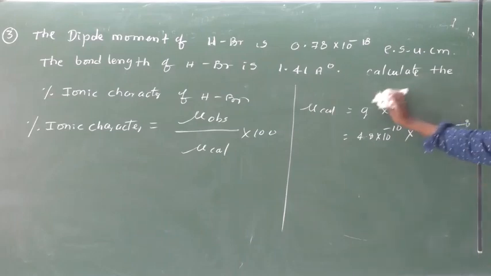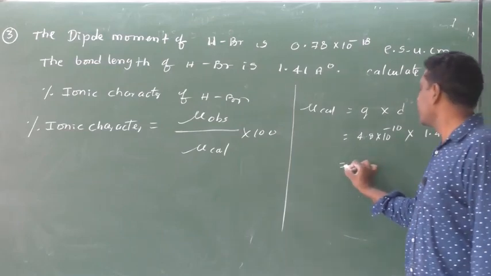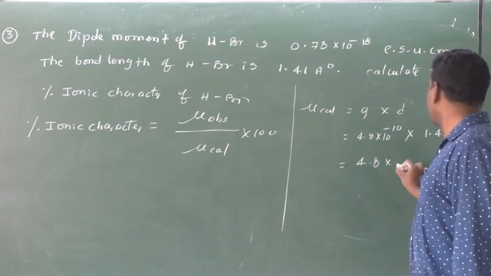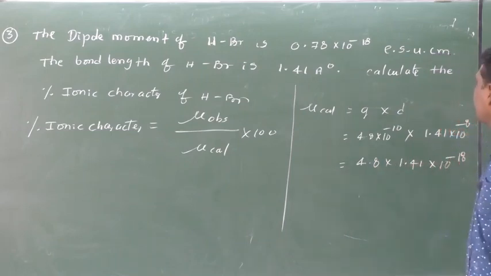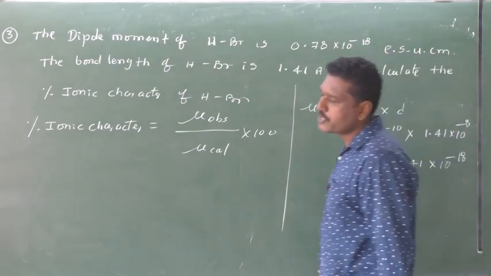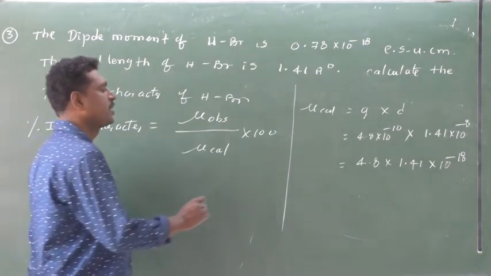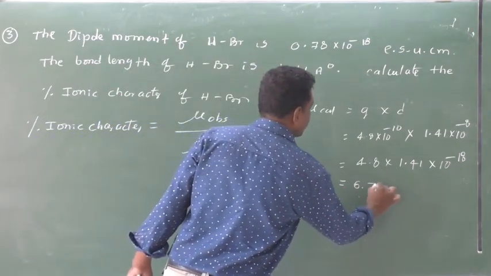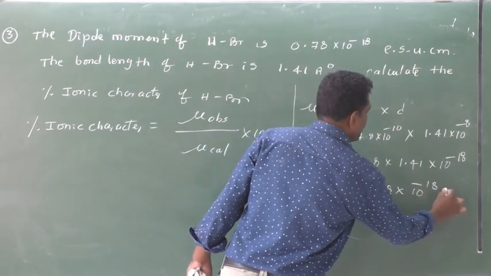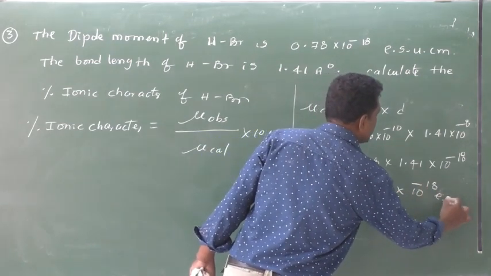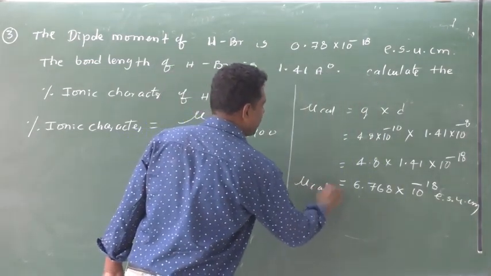Here centimeters is needed, that's why I have taken centimeters. So 4.8 into 1.41 into 10 power minus 18. After simplification, we get 6.768 into 10 power minus 18 ESU centimeters. This is mu calculated.